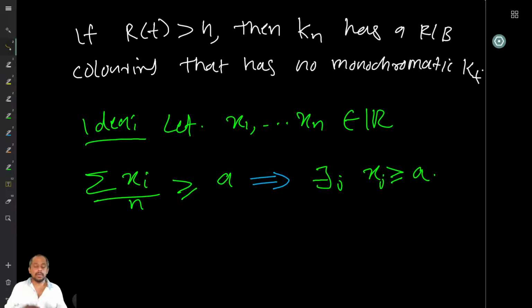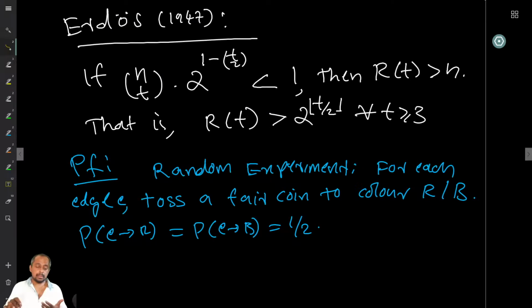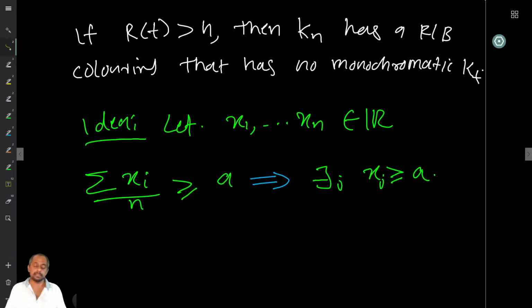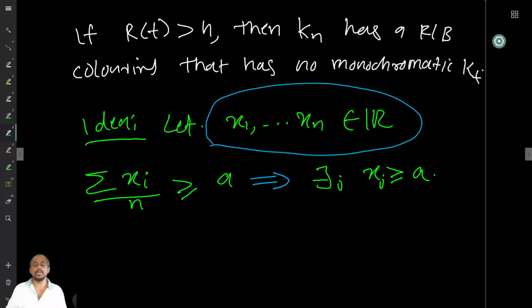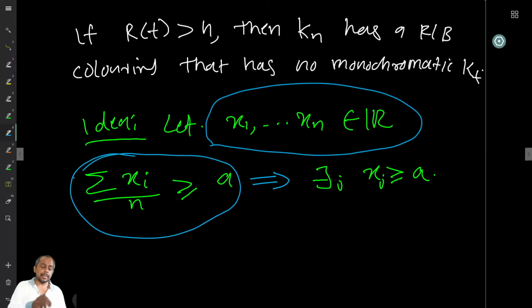Now, what is the idea? The idea of the probabilistic method is a very simple idea. Suppose you have some real numbers x1 to xn. Then I tell you that the average of these numbers is greater than or equal to a. Then you know that for some j, xj must be greater than or equal to a, right?